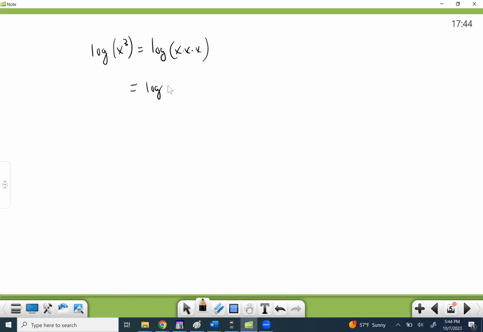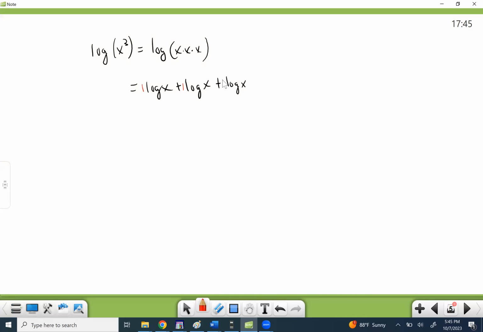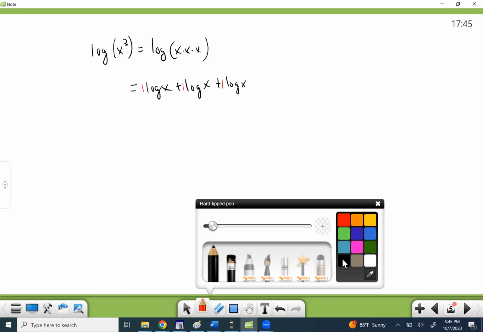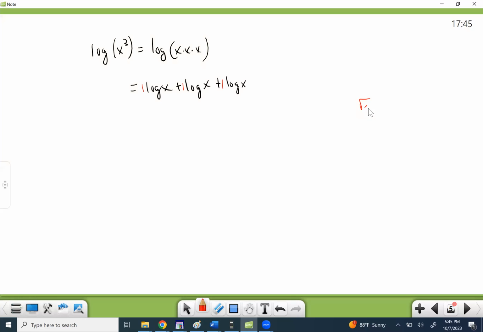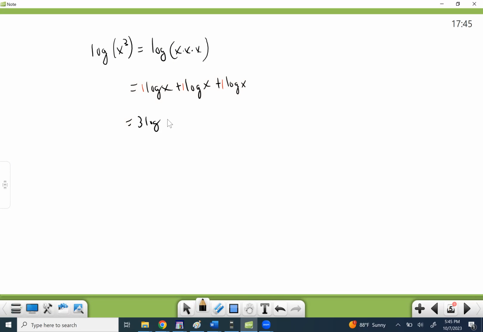So we got log of x plus log of x plus log of x. And when you're adding, you only add the numbers in front. It's kind of like if you added root x plus root x plus root x, you would get 3 root x. It's along those same lines. So we add the ones in the front, and that's what gets us 3 log of x.